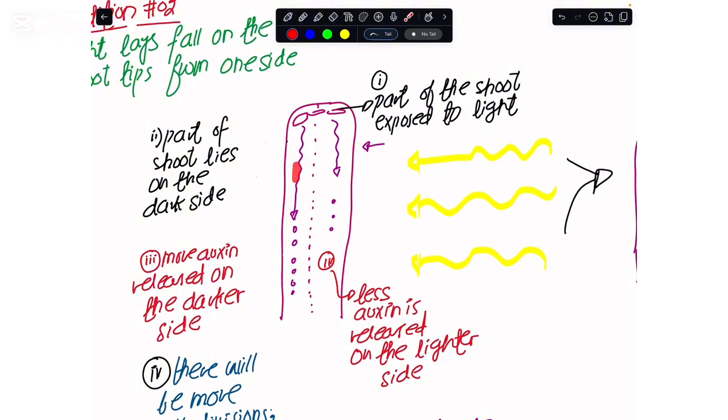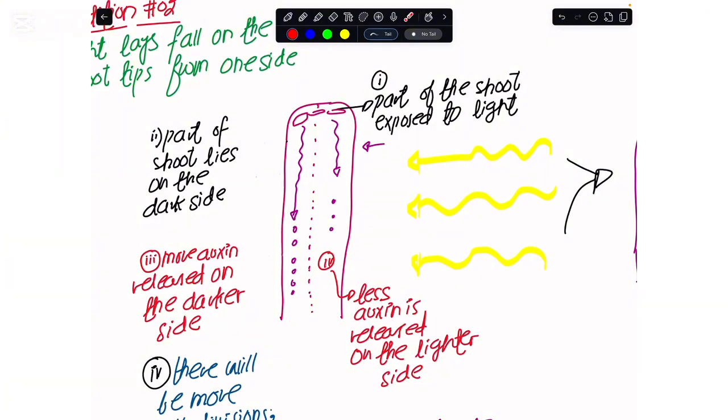If the number of cells increases more on the darker side, and increases less on the side of the shoot exposed to the light, then due to that unequal growth or elongation of cells, we would compel this shoot to bend toward the light.